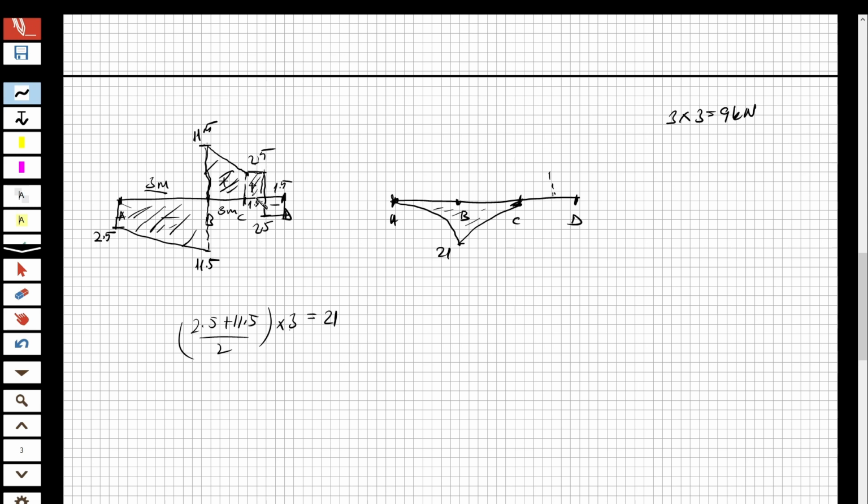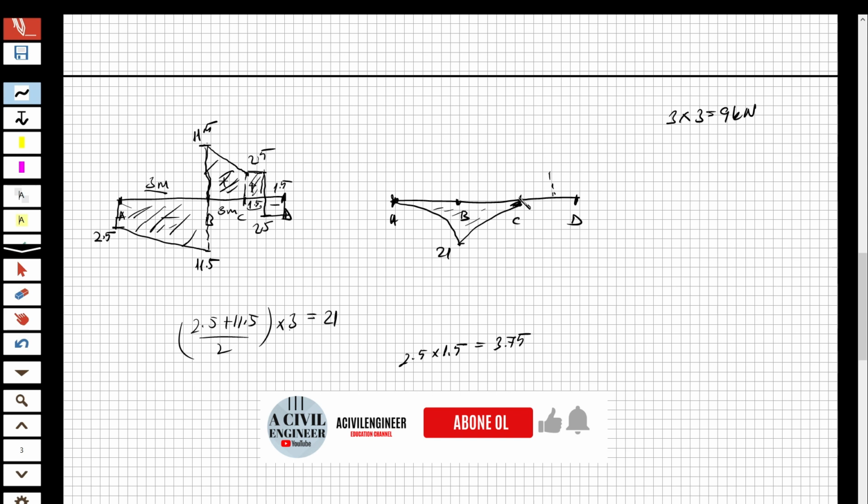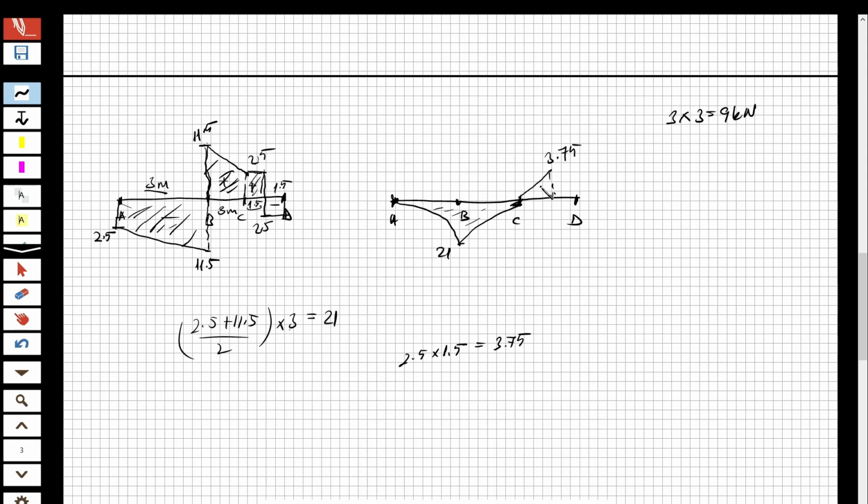So it's going to be 2.5 multiplied by 1.5, and this is going to be equal to 3.75. Okay? It's going to reach 3.75, and this is going to be linear, okay? And then I'm going to decrease by this amount of area. Again it is the same, 2.5 multiplied by 1.5, and it's going to reach 0. I'm going to decrease by the same amount.